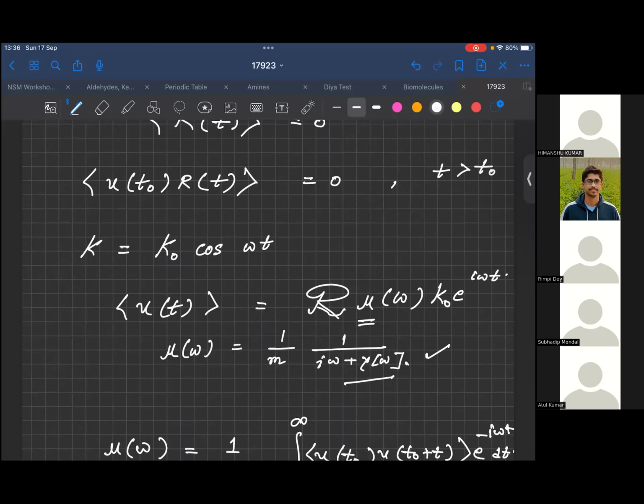One being history dependent and the other not is not possible. So I think this is the reason why this R is not a delta function here; it is Gaussian, and the mean is 0.